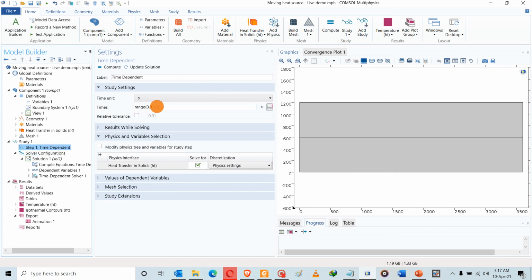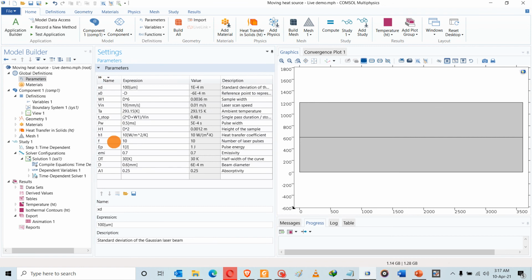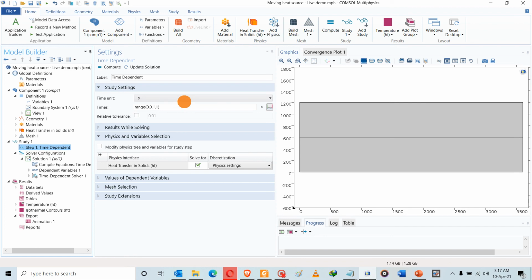Remember we said it must stop at T stop, that's where the computation ends, 0.48 seconds. So I'll copy that and put it there, 0.48 seconds.